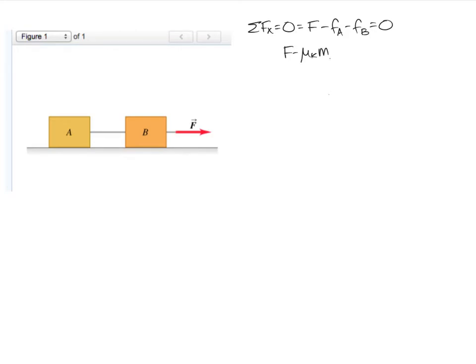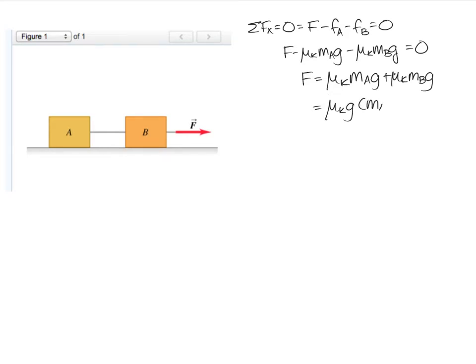Here we go, just to remind us what we had. We rearrange to find the applied force. And that is our expression.